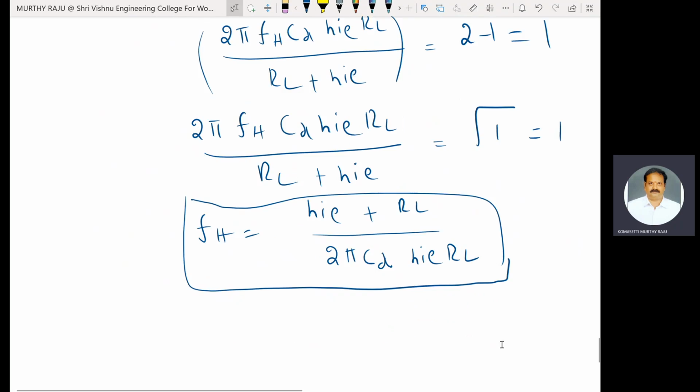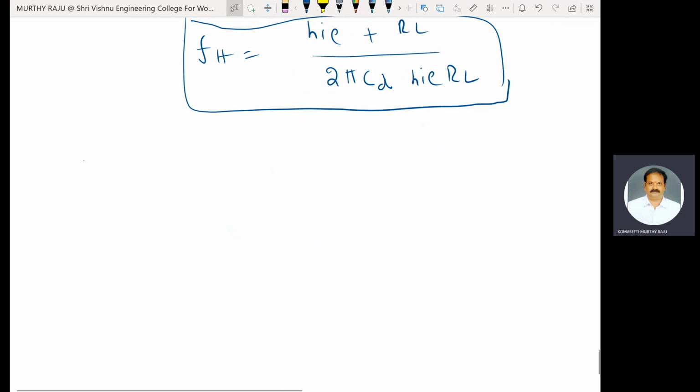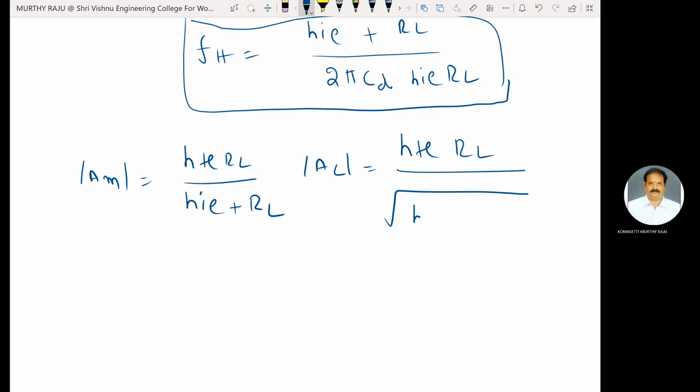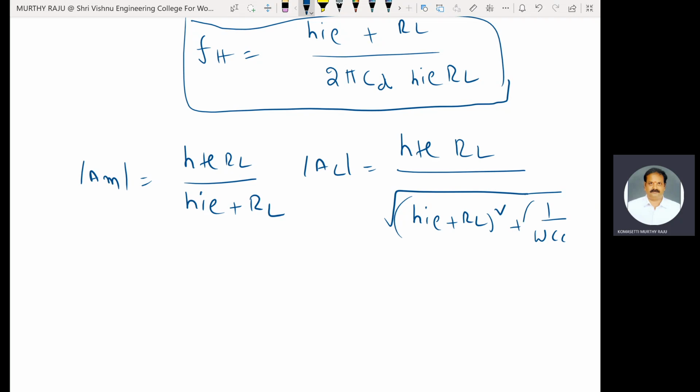This is the total analysis. The mid frequency voltage gain, which we already derived, is mod AM equal to HFE RL by HIE plus RL. Mod AL, the low frequency range gain, is equal to HFE RL by square root of HIE plus RL whole square plus 1 by omega CC whole square.